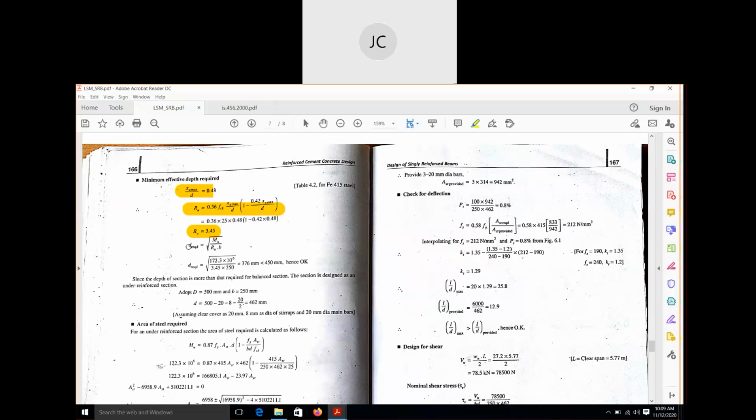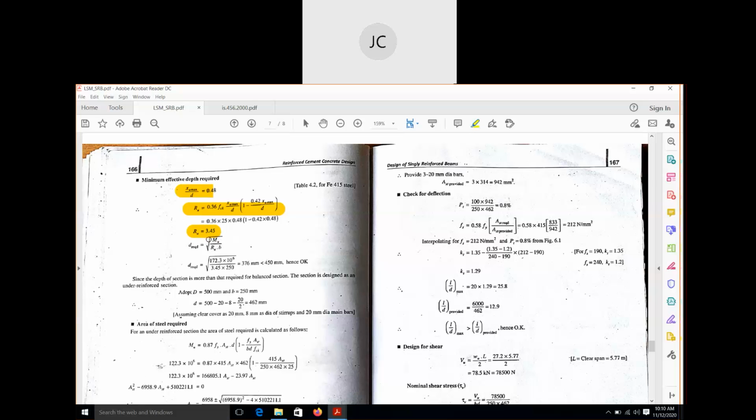Effective depth required will be square root of Mu divided by Ru into B. This equation I have shown you in the last class, or you can see the notes, because you have the PDF.